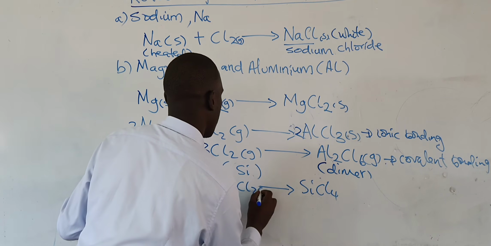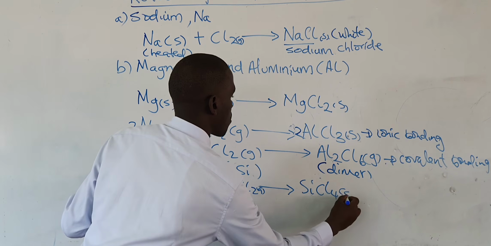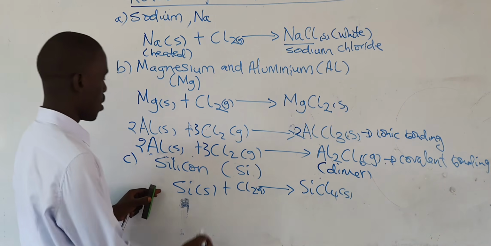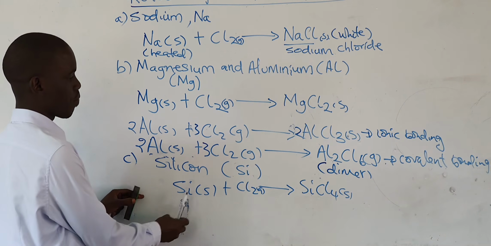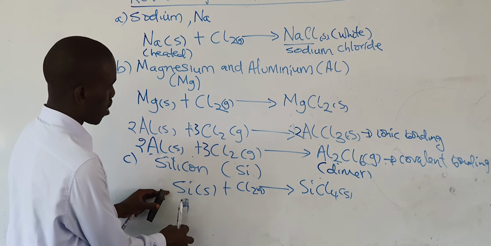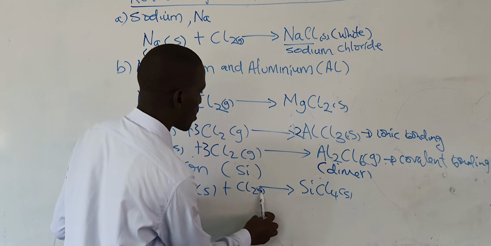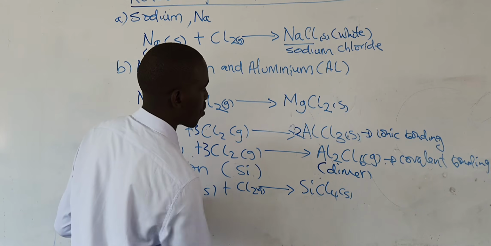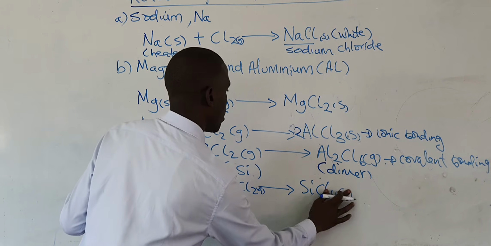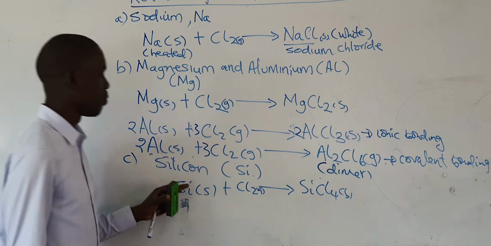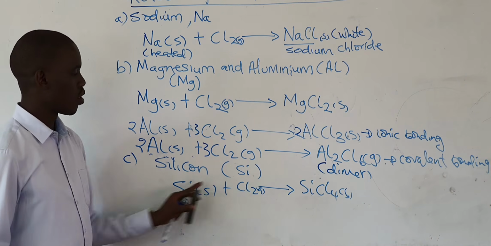Silicon is a solid, chlorine is a gas, and silicon tetrachloride is a liquid.